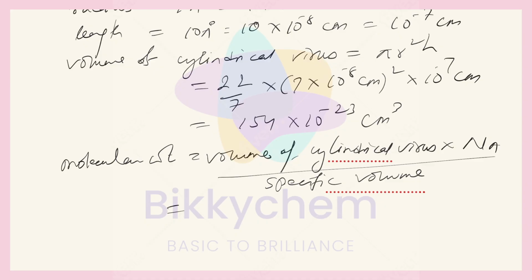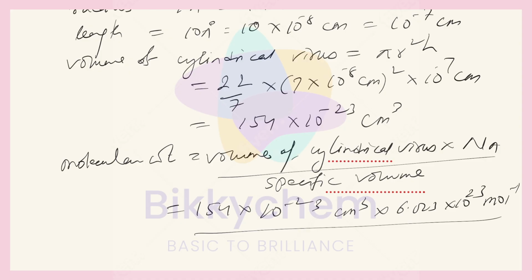So it will be 154 × 10^-23 centimeter cube × 6.023 × 10^23 mole inverse, divided by the specific volume, 6.02 × 10^-2 centimeter cube per gram.